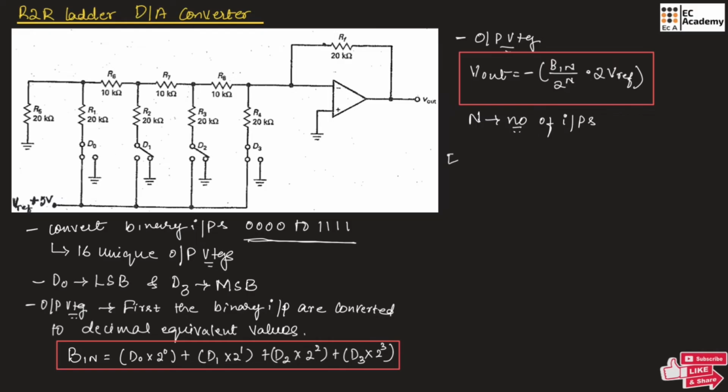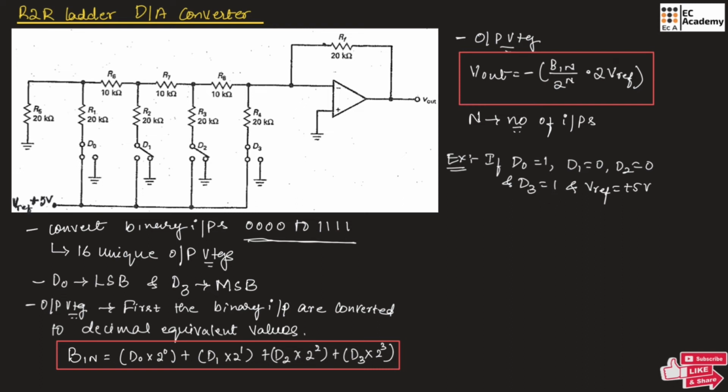Let us take an example. If D0 is equal to 1, D1 is equal to 0, D2 is equal to 0, and D3 is equal to 1, and V reference is equal to plus 5 volts. Now this binary input has to be converted into the equivalent analog output.